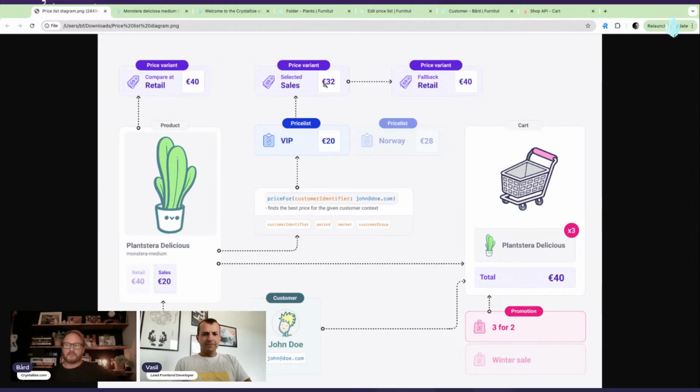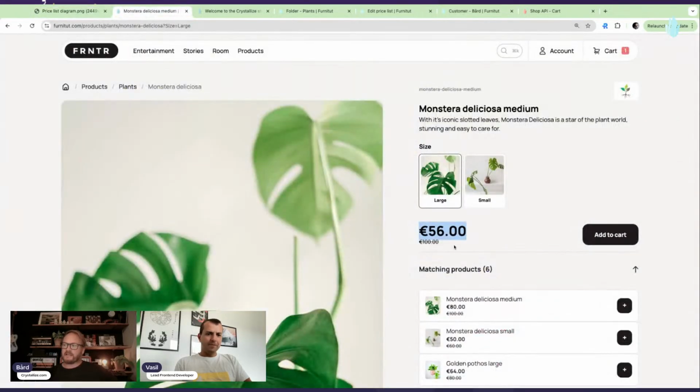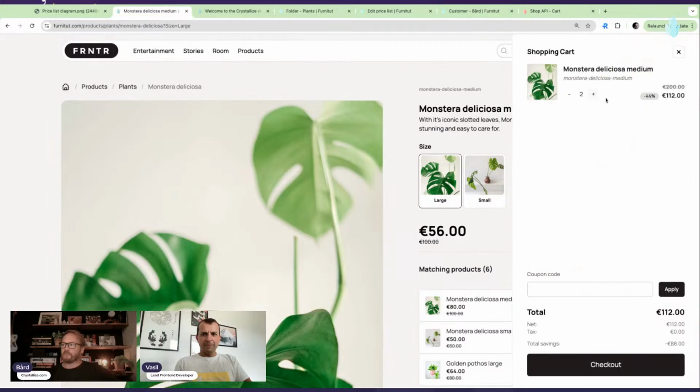We set the sales price to 80, and we created a percent discount from the already discounted sales price, and that is the price that we see here of 56. And this will of course also reflect in the shop API and the cart. So it's actually 44% since we compare it to the compare at rate.